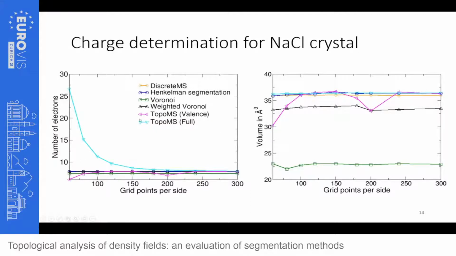On the other hand, as we can see here, the full charge density is perfectly fine at describing the volume of our atoms. The problem, of course, is that TOPOMS also has some problems with low grid resolution, and then it has a puzzling drop in its ability to determine volumes at 200 grid size.